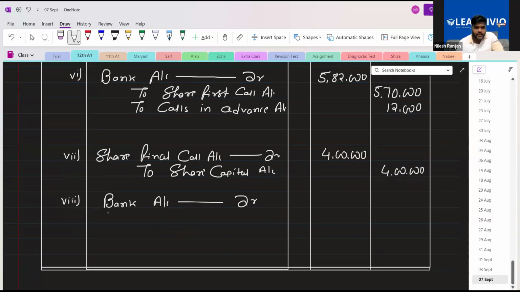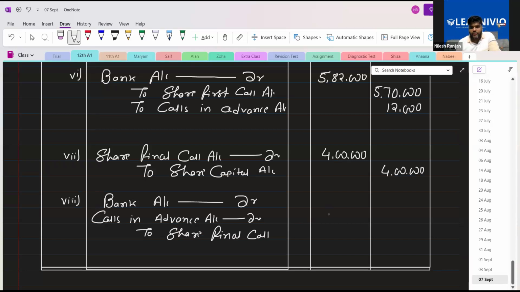But in this 4 lakh, the 10,000 shares will not pay the final call also. And there is also the advance which we have received along with the first call. So calls in advance account debit to share final call. Calls in advance was 12,000.